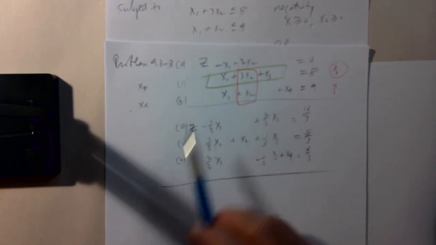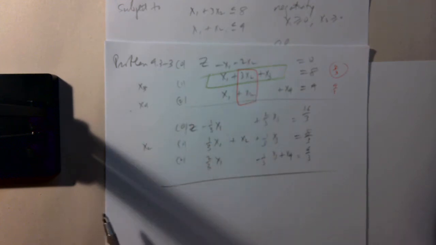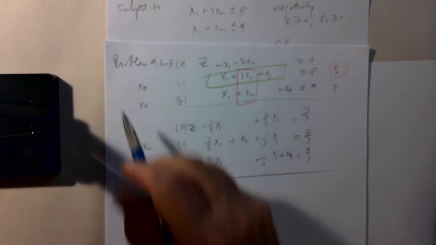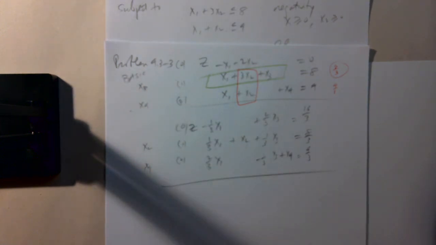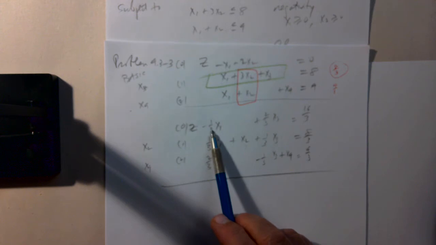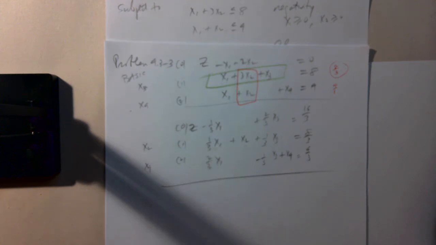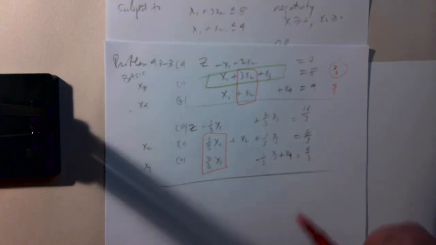After one iteration, x2 has become a basic variable, x3 has left, and x4 is the other basic variable. This is the basic column. Okay, I look at this row, I see there's still a negative coefficient, minus a third x1. So this is my pivot column.